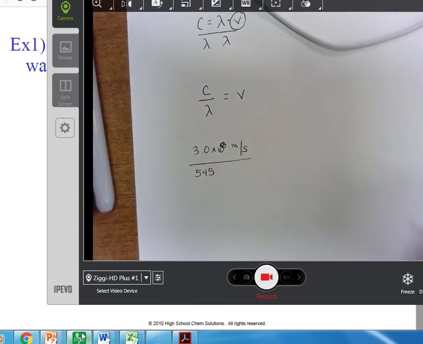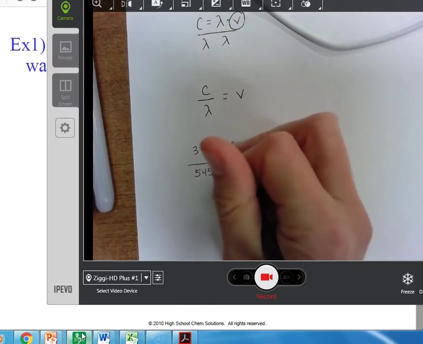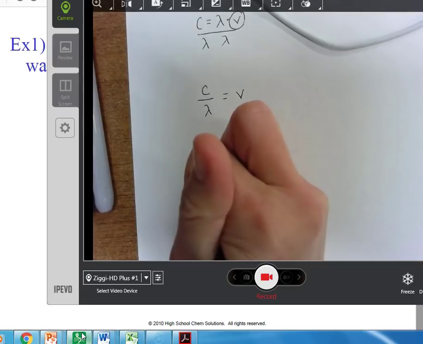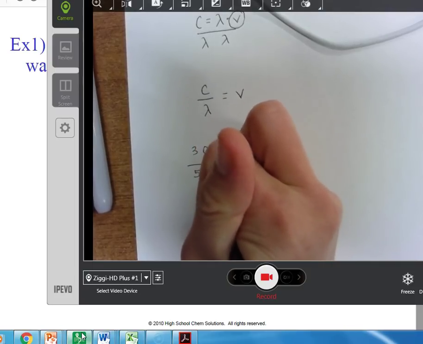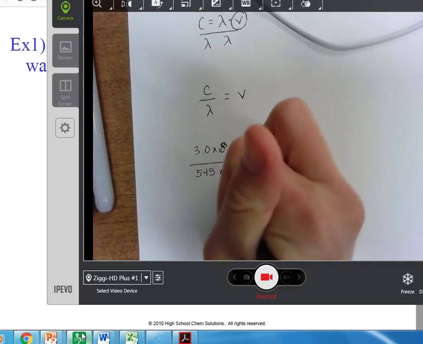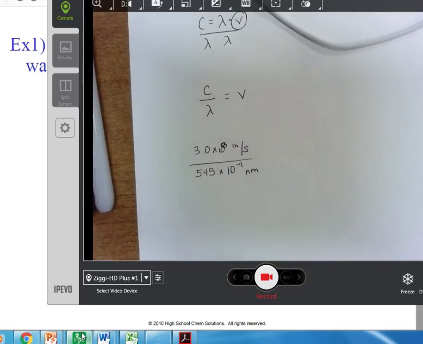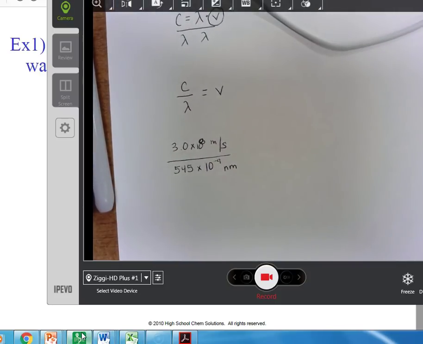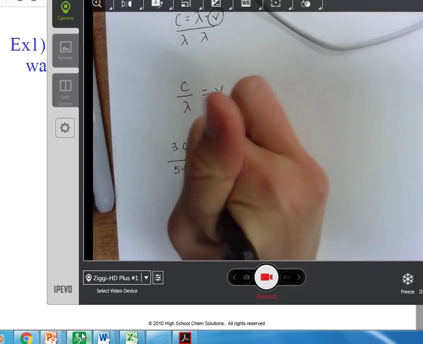545. Now it's nanometers, but I need it to be meters to match the units up here. So I'm going to multiply by 10 to the negative 9th. You can remember that quick conversion: you multiply by 10 to the negative 9th to go to meters, and then multiply by 10 to the 9th if you want to go back to nanometers.